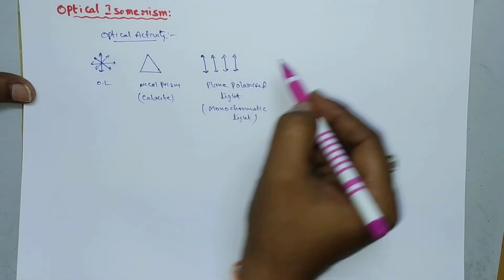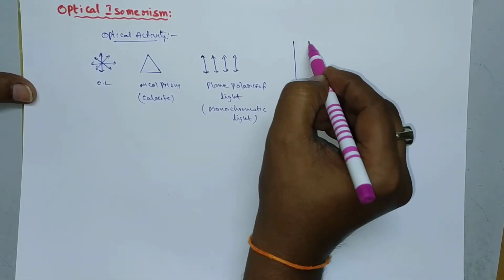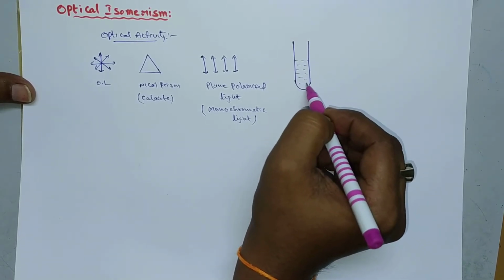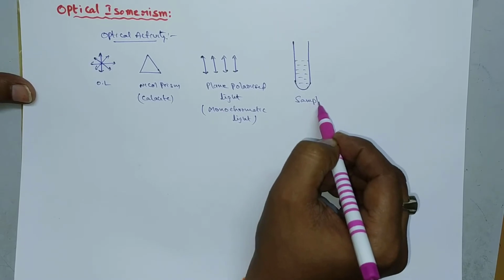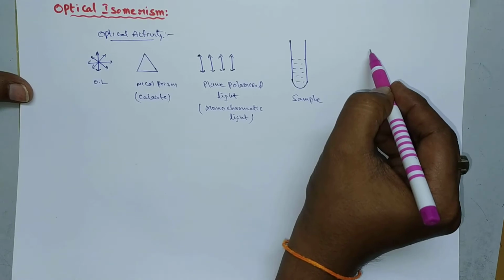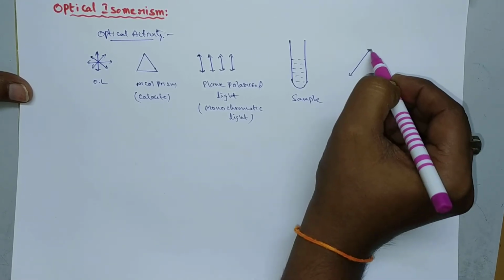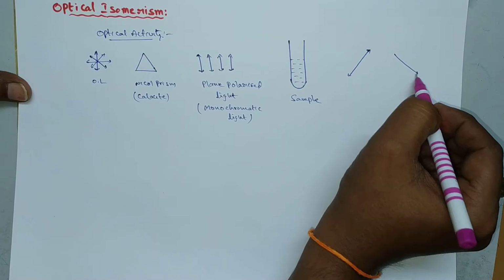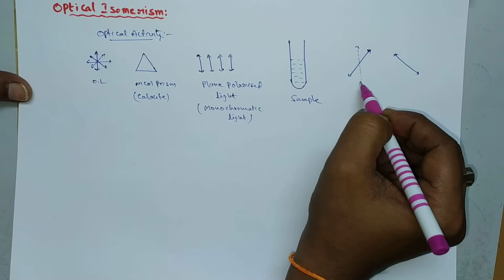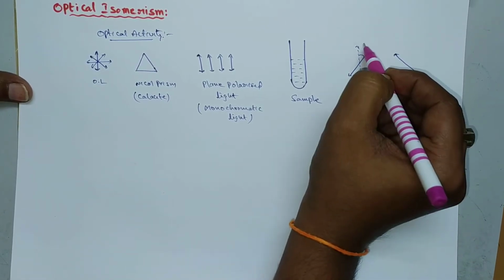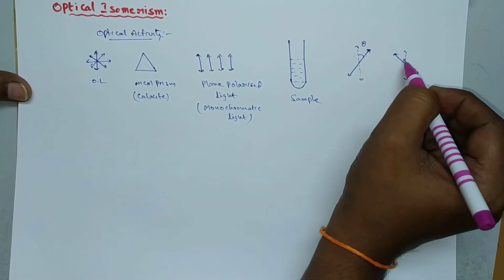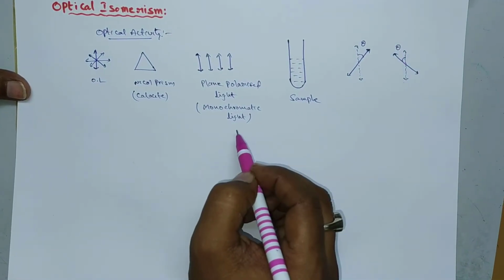Now when this plane polarized light is passed through a substance, where the sample is taken in a test tube, the plane of the polarized light will rotate either clockwise or anti-clockwise. Generally the plane would stay like this, but it will rotate clockwise by an angle theta, or anti-clockwise by the same angle theta.